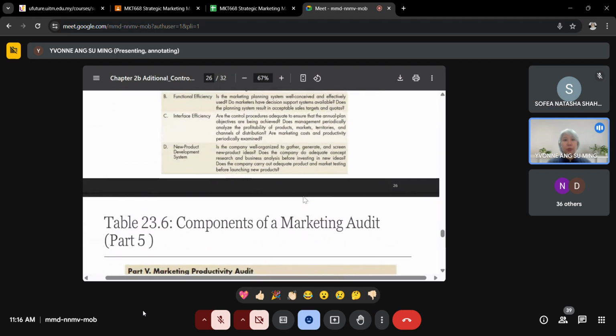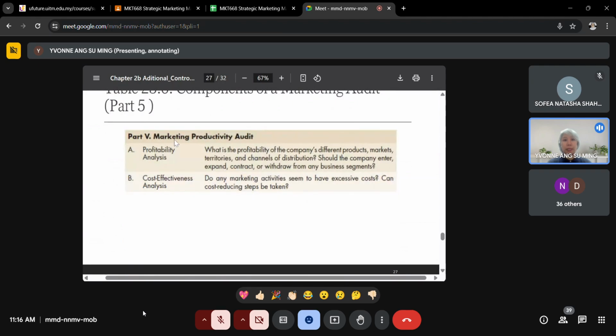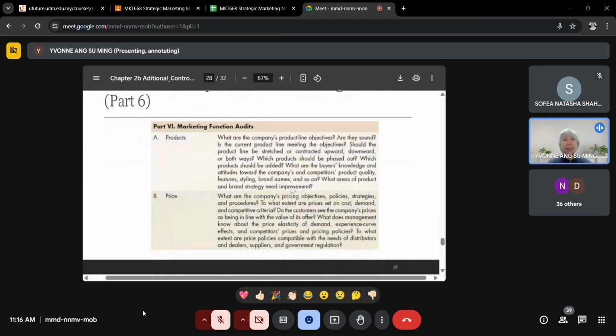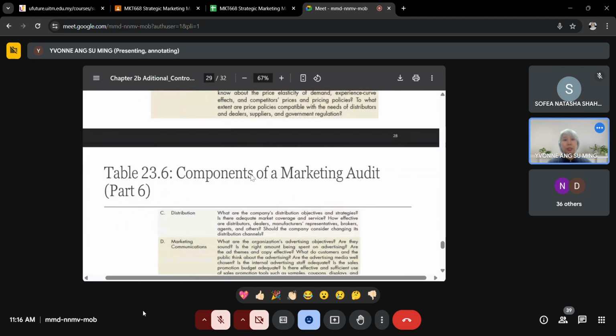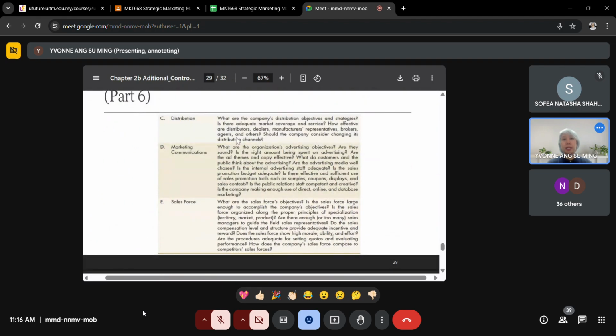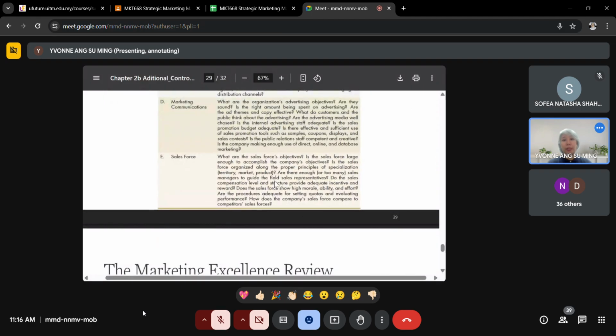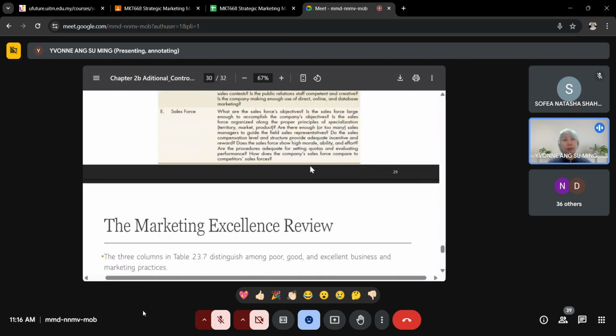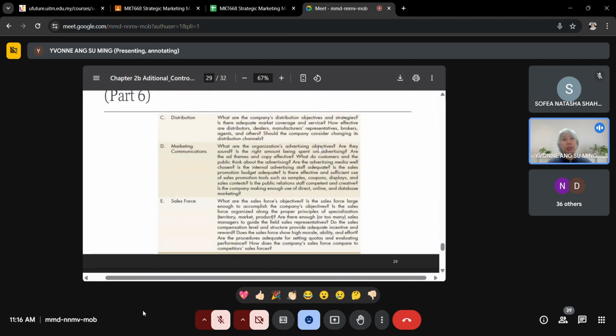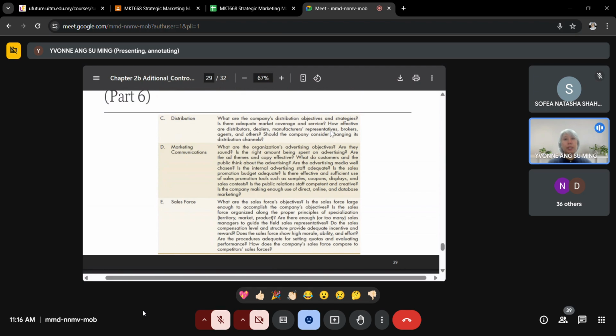Okay, so you can see here, as I told you, dia memang ada banyak parts to it, and it is extensive in the sense that they will cover quite a lot of places, like even the 4 Ps they cover, to actually see whether things can be done very, very well. And given how extensive it is, therefore, tak mungkin you boleh buat every year benda ni. Okay, so they have to know what is the appropriate periodic timing that can be suitable for their company to get the most out of this audit exercise.